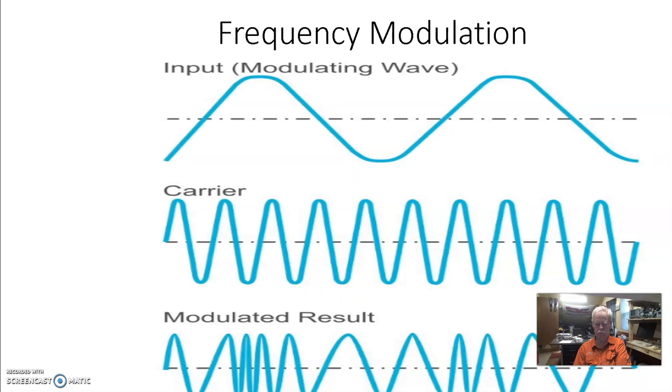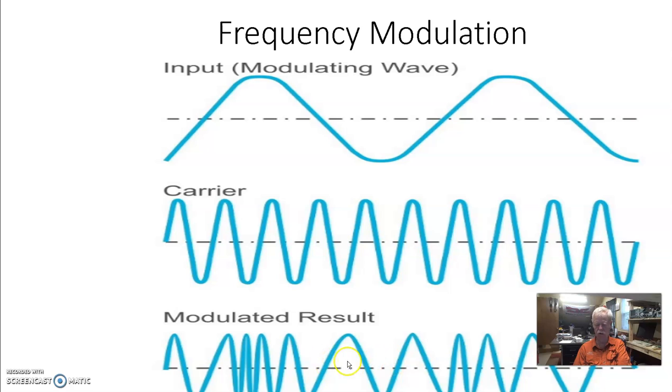So let's now move on to frequency modulation. Again, if we have a sine wave, say 1,000 hertz, we have our carrier at 400 megahertz, and this time we change the frequency of the carrier so it looks like this. At some points we make the frequency of the carrier go up, and at certain points of the waveform we make it go down.